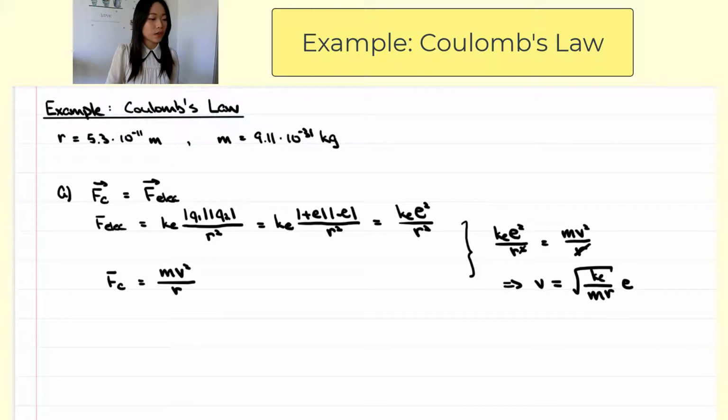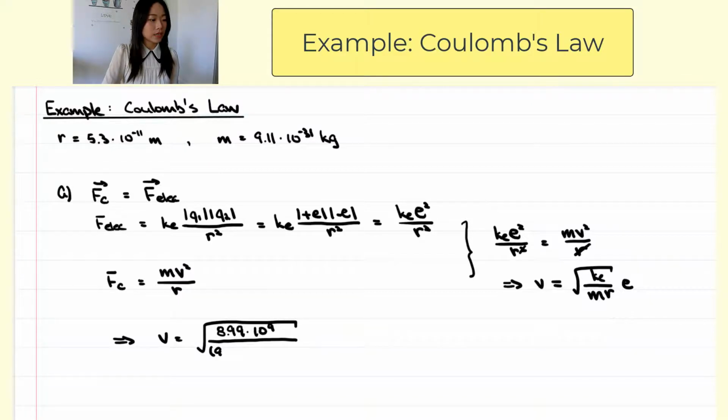Then we substitute the numbers. Speed equals the square root of k, which is 8.99 times 10 to the power of 9, divided by mass times r. They are given.